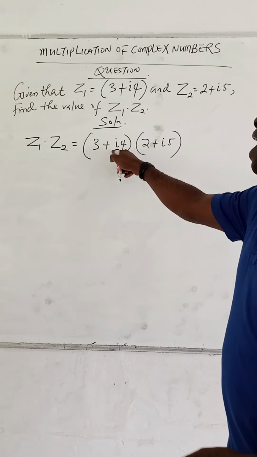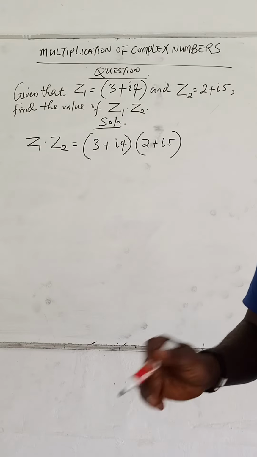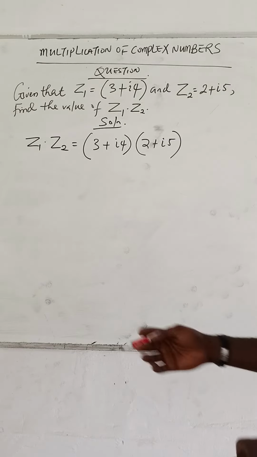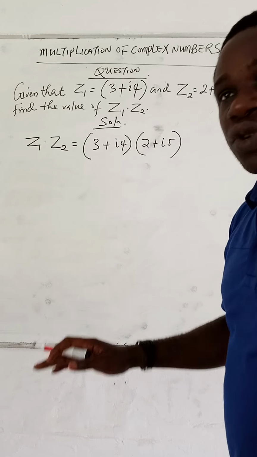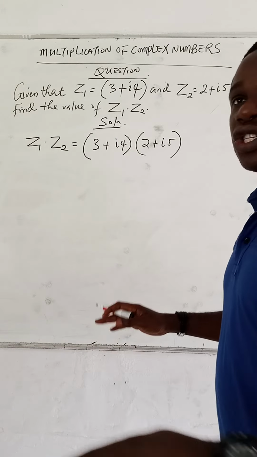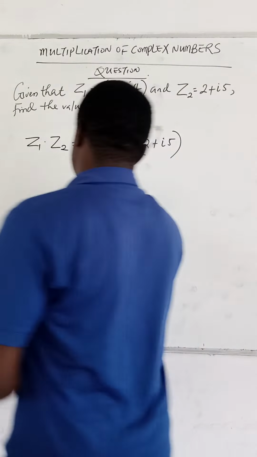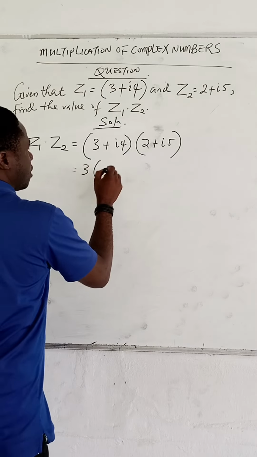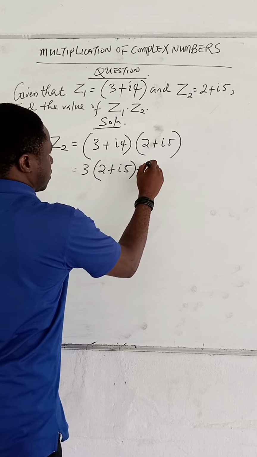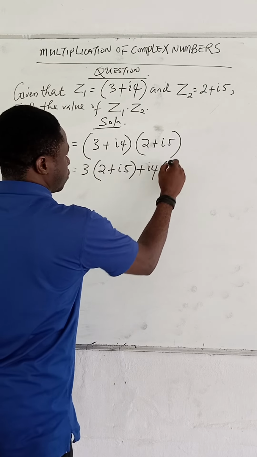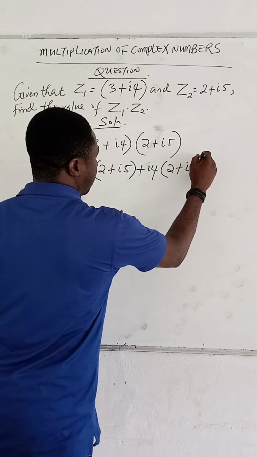This part, i4 and i5, simply represents the imaginary parts. So what you need to do is just to multiply as usual, as normal algebraic expansion. So this becomes 3(2 + i5) + i4(2 + i5).